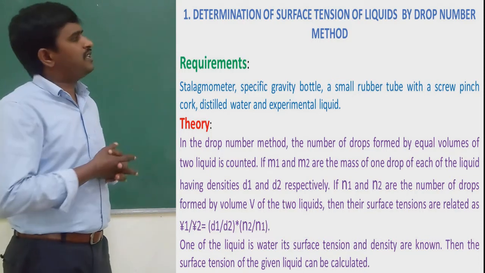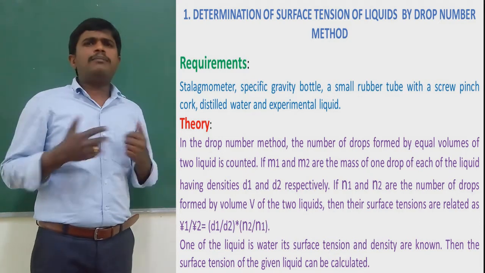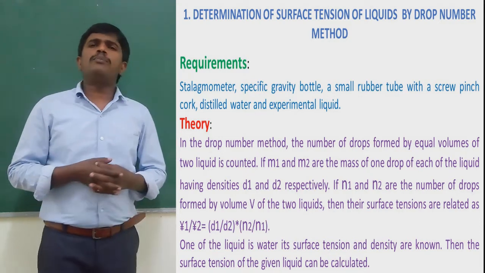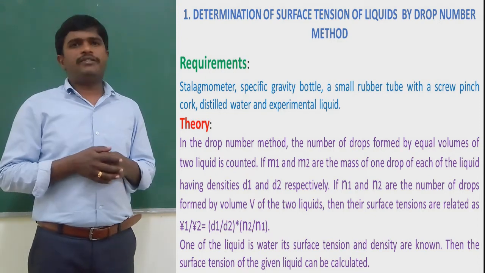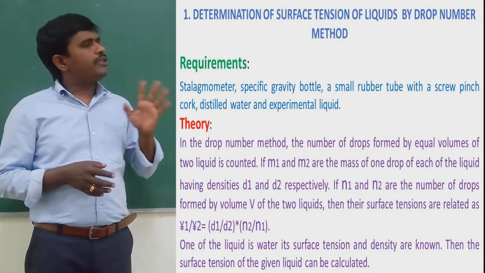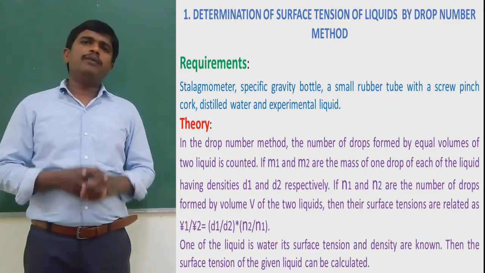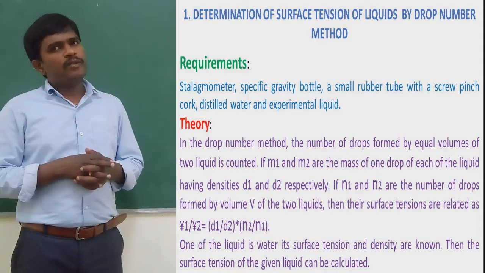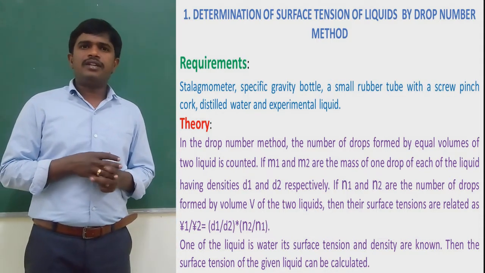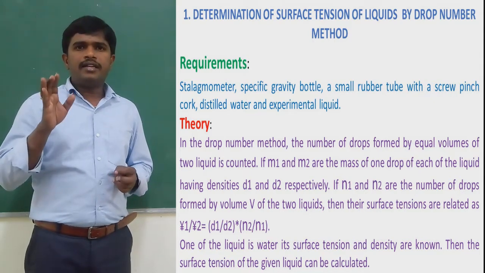In the drop number method, the number of drops formed by equal volumes of two liquids is counted. If M1 and M2 are the masses of one drop of each of the liquids having densities D1 and D2.